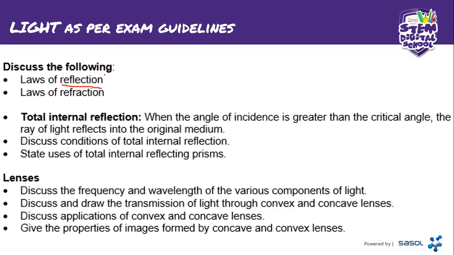And then we have 2 laws again for refraction. And just like with reflection, it tells us about the relationship between the angle of incidence, but now the angle of refraction, because we are talking refraction.